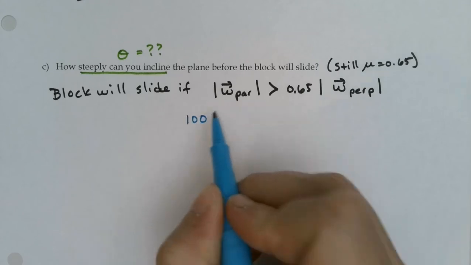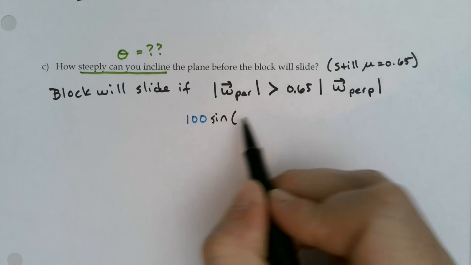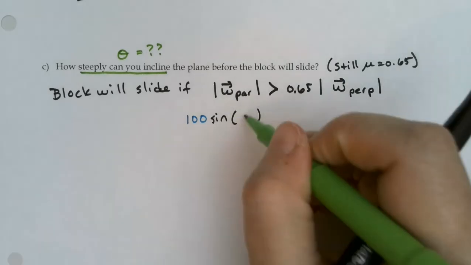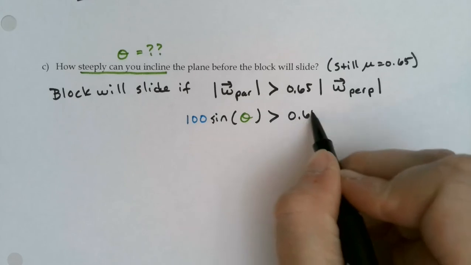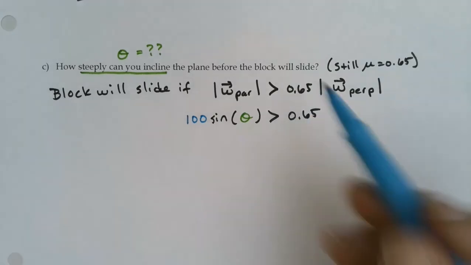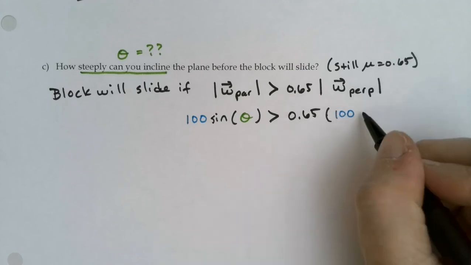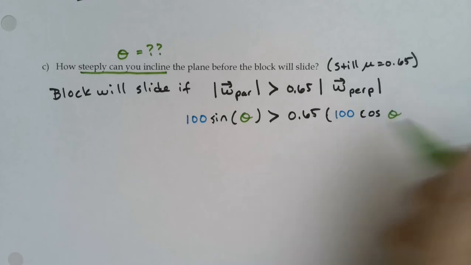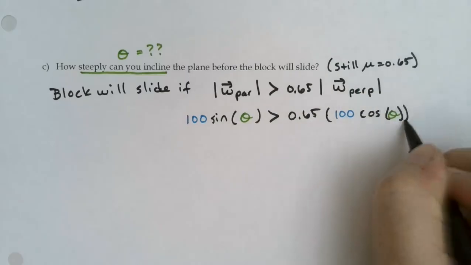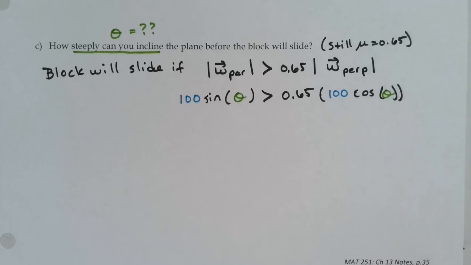So we would say 100 times the sine of theta, because that's what we're trying to solve for. And that'd be greater than 0.65 times 100 times the cosine of theta. So we want to solve this for theta.